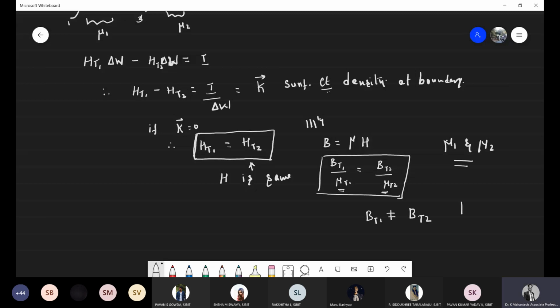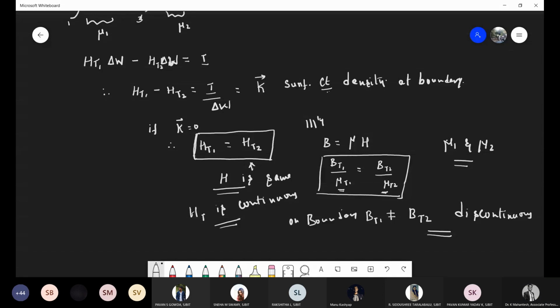That means it is discontinuous. H is continuous. This is what you need to conclude: HT is continuous, but BT is discontinuous on boundary with zero current density.